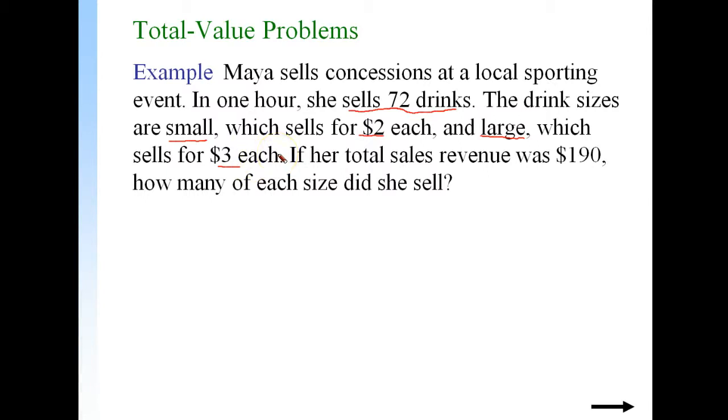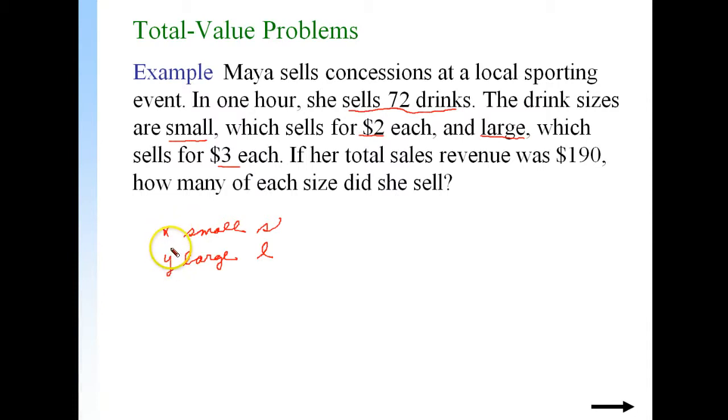So again, we have to translate that into algebra. And I think a good beginning would be to say we have small, and we can use the letter S for that, and large, and we can use the letter L for that. Now you can think of this as an X and a Y if you'd like.